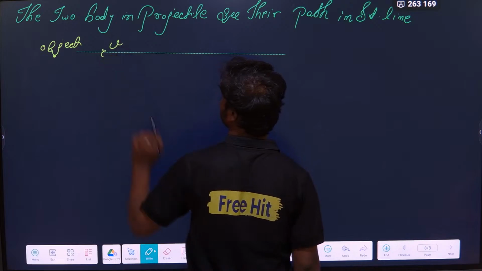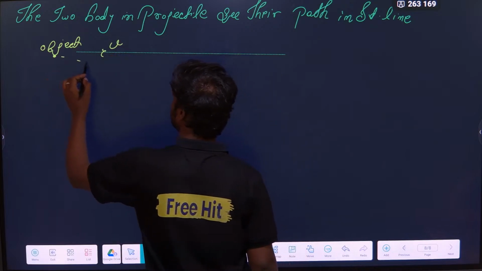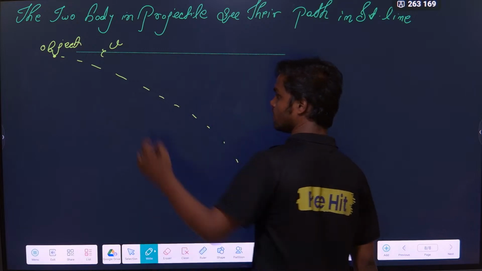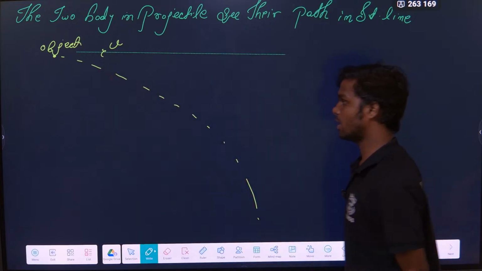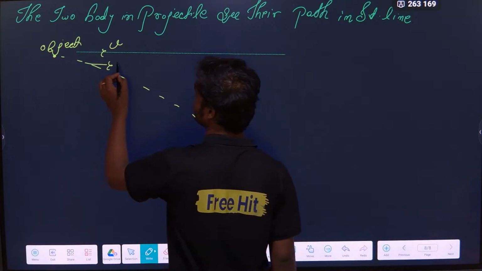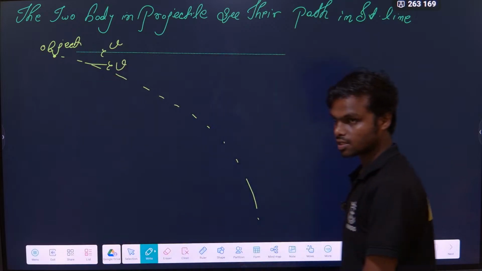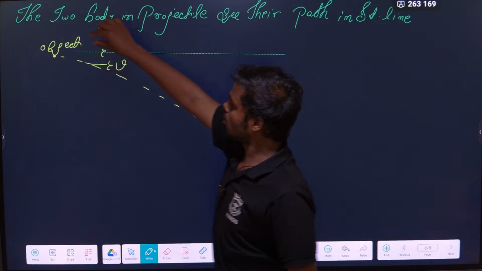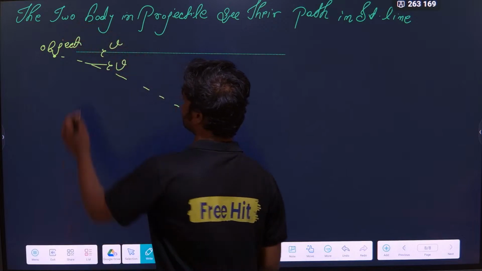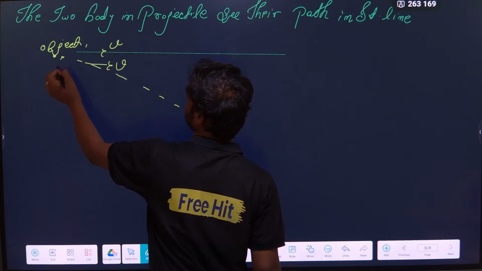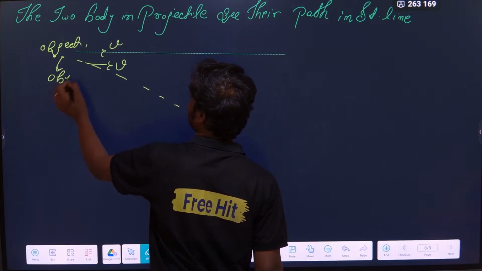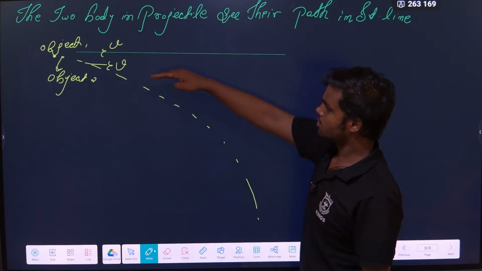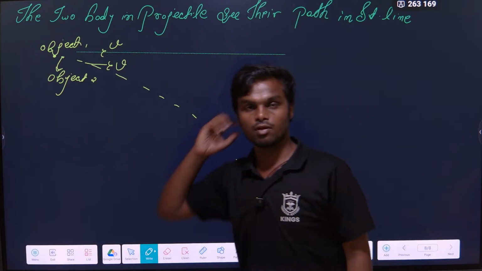with a velocity. Suppose it throws something, so it will fall like this, correct? What is the velocity of this object which is falling? It will also have the same velocity, correct? Horizontal velocity will be the same, correct? So when this object, see this one, this object 1 and this object suppose 2, see this object, it will see that this is also moving with the same velocity v.